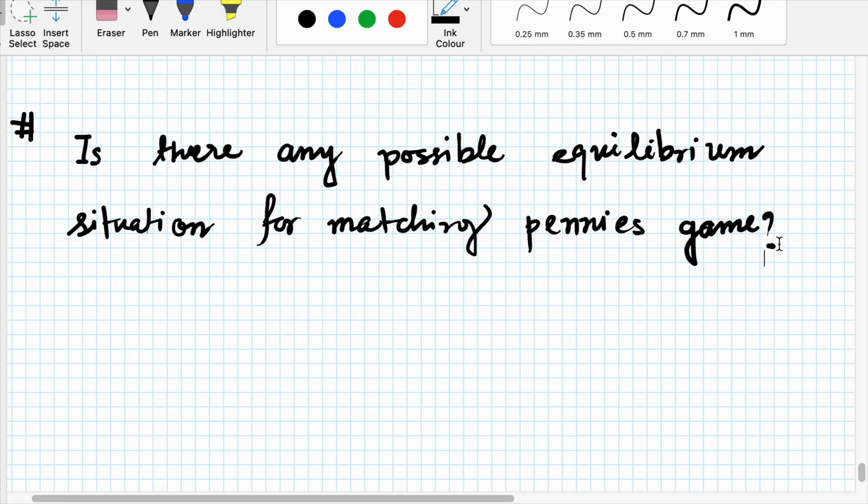That means player 1 or 2 either chooses an action. Suppose there are m actions available, so player 1 or 2 or any player will choose one action with certainty.